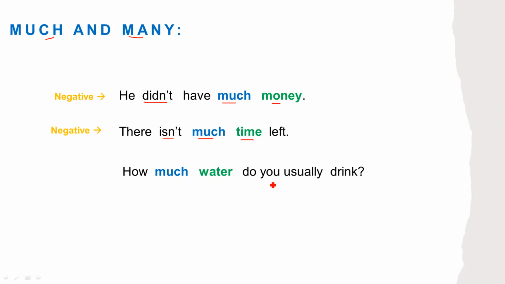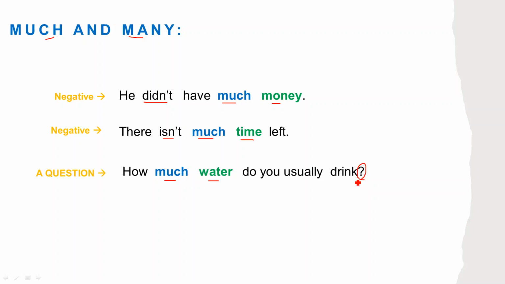Okay, how much water do you usually drink? Again, we have used much and the noun is uncountable, and the noun is water, a liquid. And also this is not a normal sentence, this is a question.